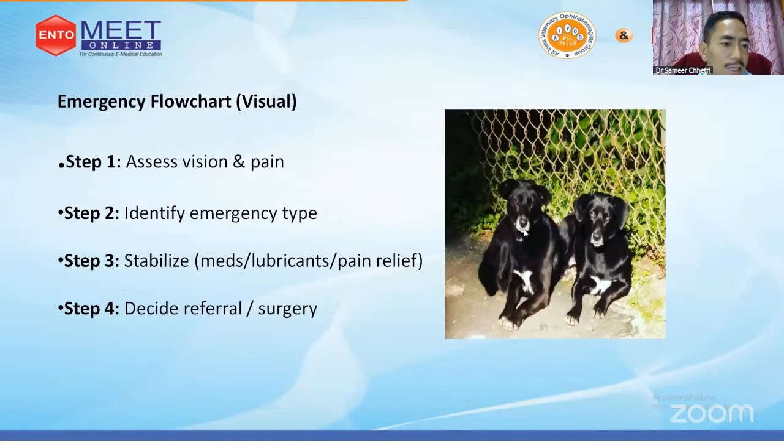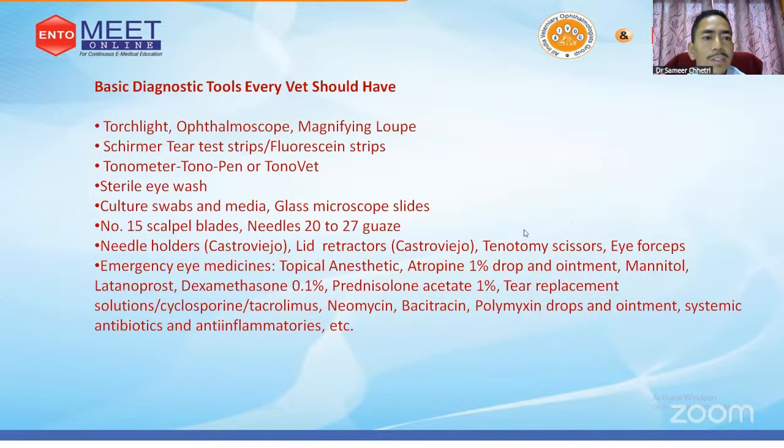Identify the emergency type, so we see which cases have to be addressed as soon as possible. Stabilize with medicines, lubricants, pain relief, and sometimes even anesthetics. And then finally, you have to decide whether you go with the treatment or refer to the specialist.